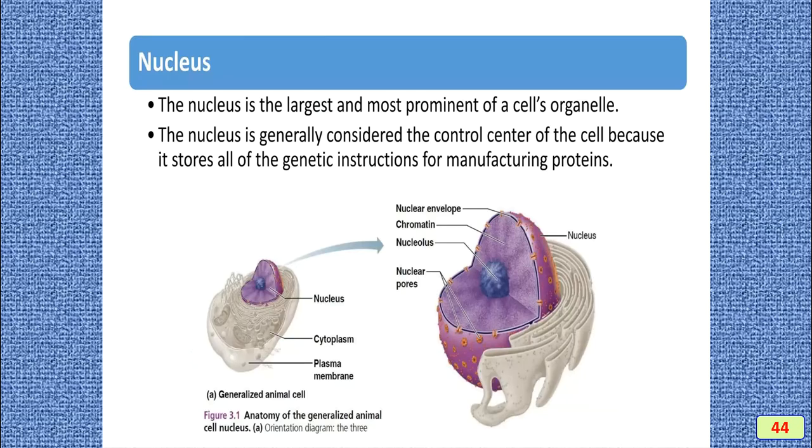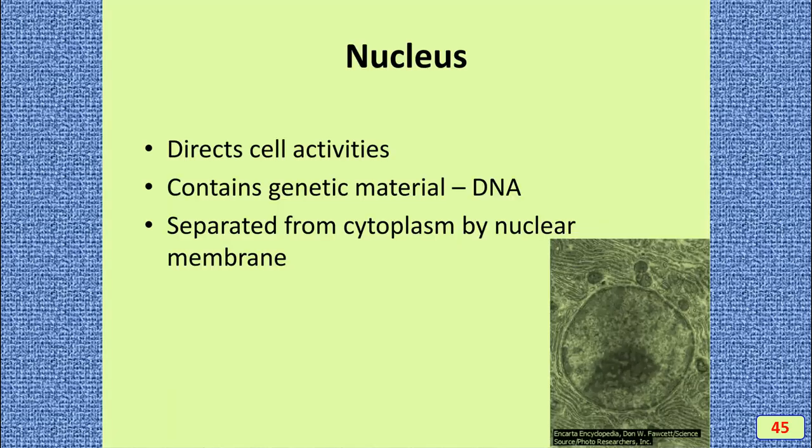The nucleus is the control room of the cell. It has control over the particular cell's functions and other switches. The nucleus directs all activities. It contains genetic material, especially DNA, and is separated from the cytoplasm by the nuclear membrane.